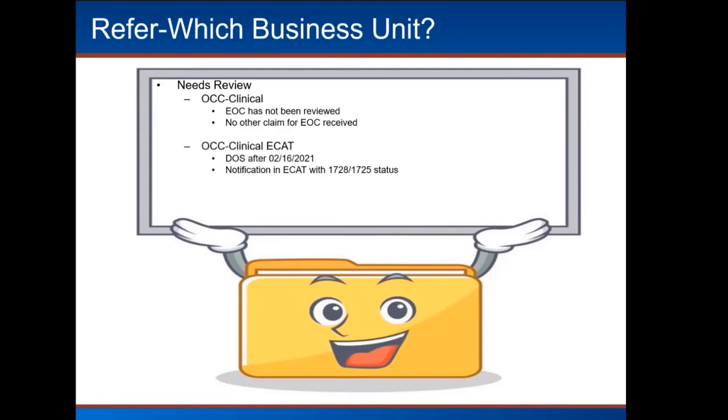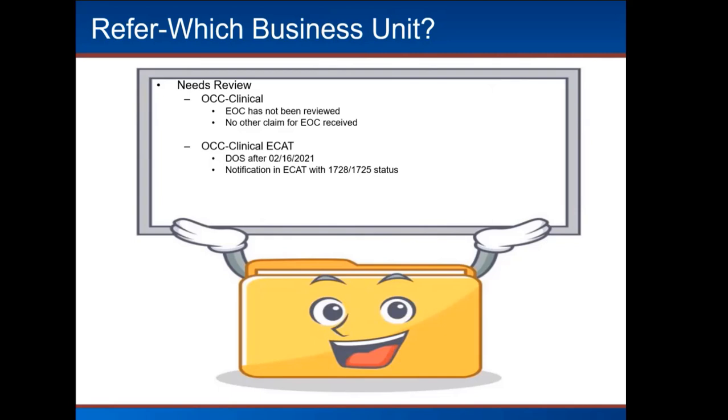If the date of service is February 15th, 2021, February 16th, 2021 or later, and an entry in ECAT shows a 1728, 1725 status with no other claims available to refer, we can refer the ambulance claim to the OCC Clinical ECAT business unit. The only difference between clinical and clinical ECAT is that if the claim is referred to clinical and the nurse approves it, he or she must create the HSRM in the HSRM application.